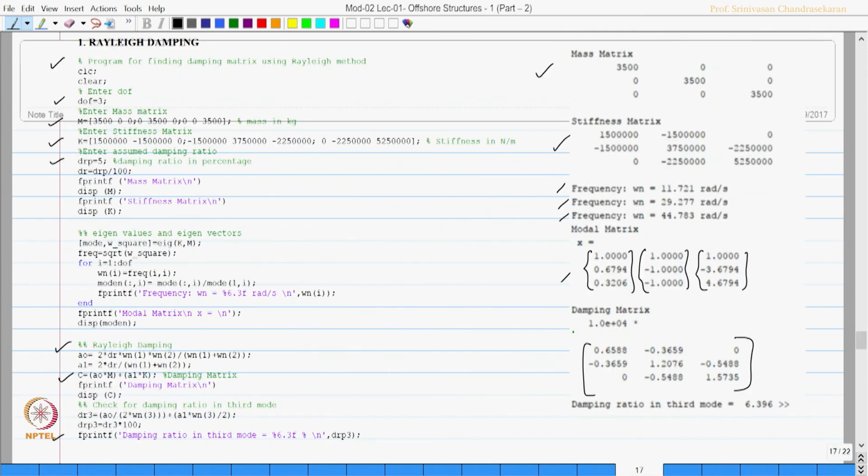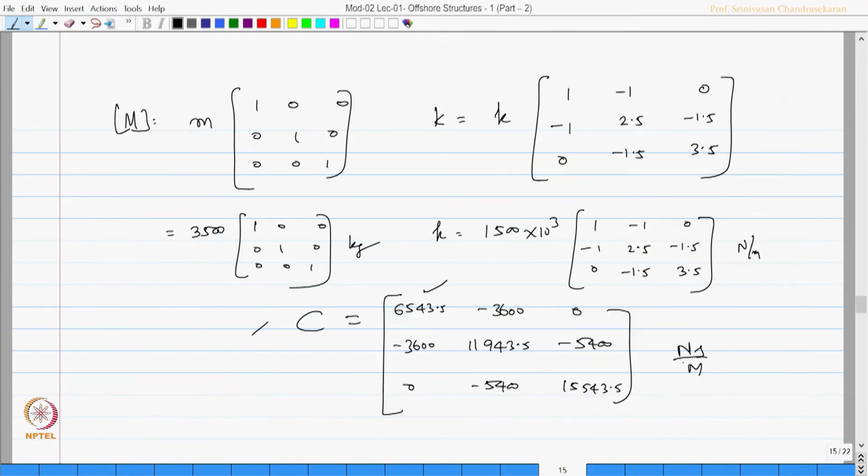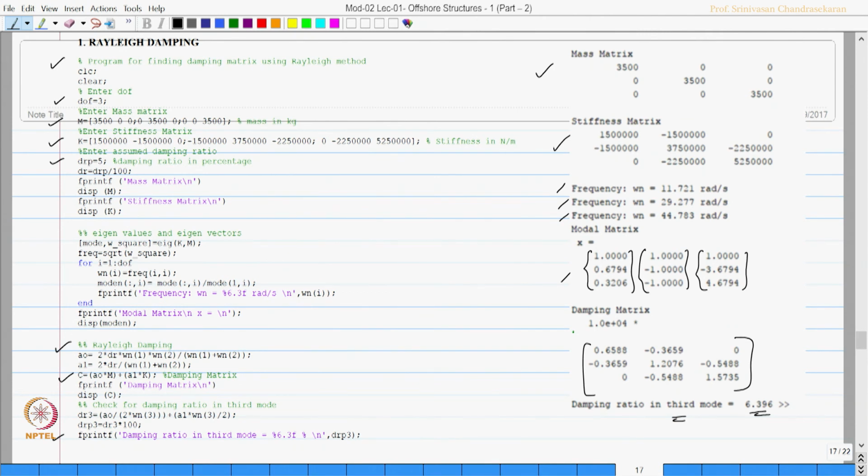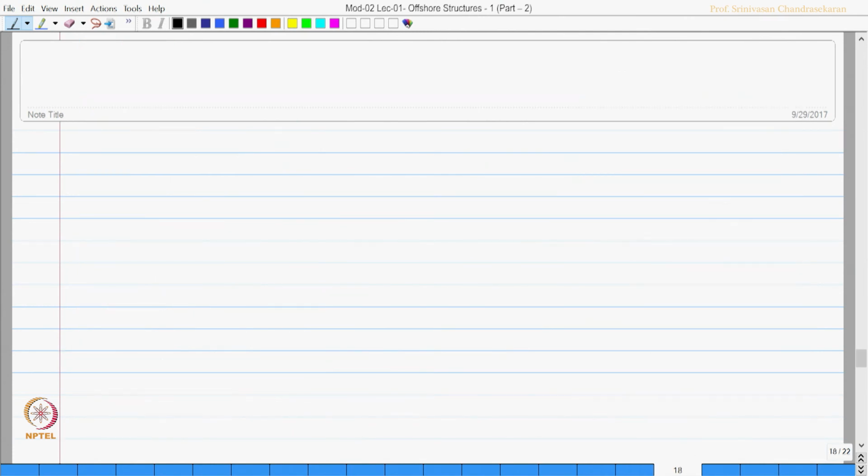So, it is going to be the same. Checking the third mode damping ratio, I get 6.396, whereas we got 6.31 by hand. So, the computer program solves the problem in the same style as we did by hand. A sample output is shown to you, and let us see the summary now.